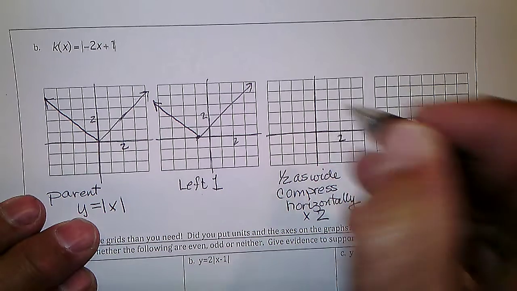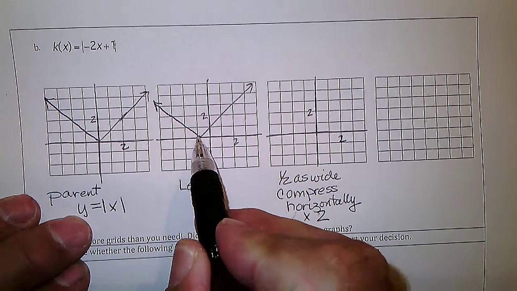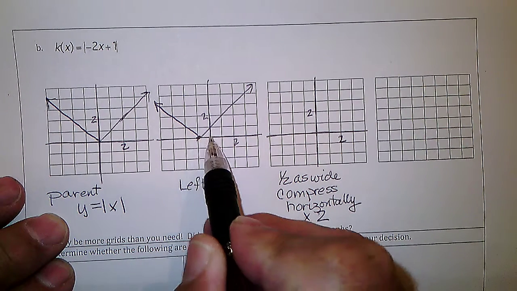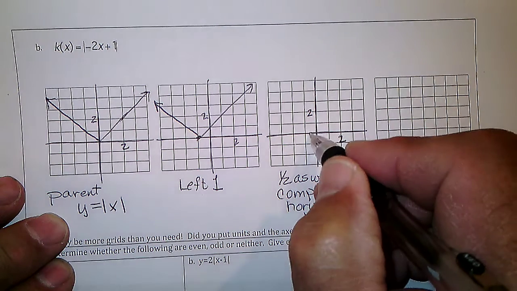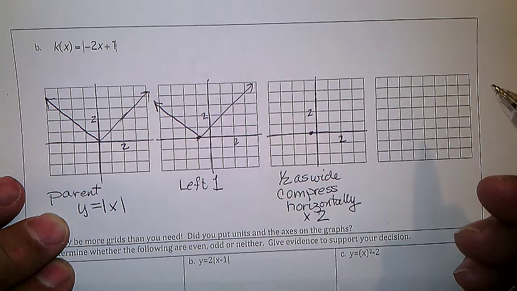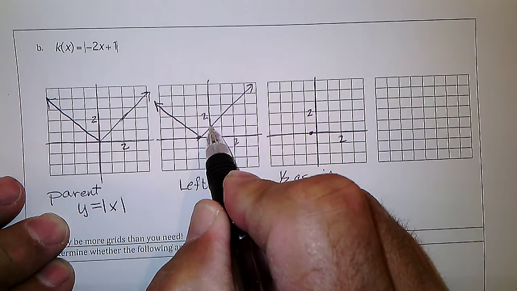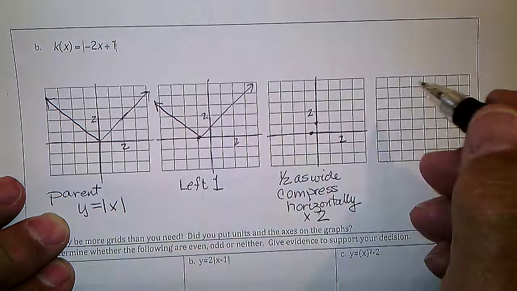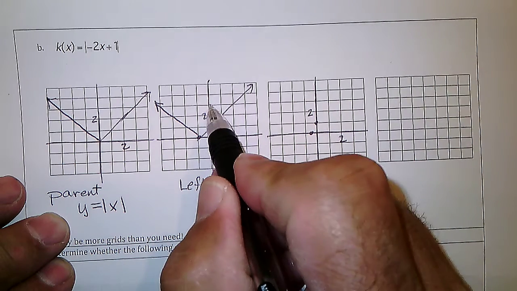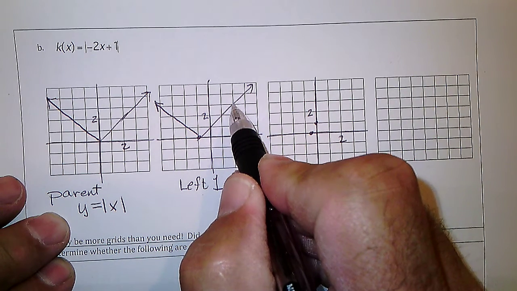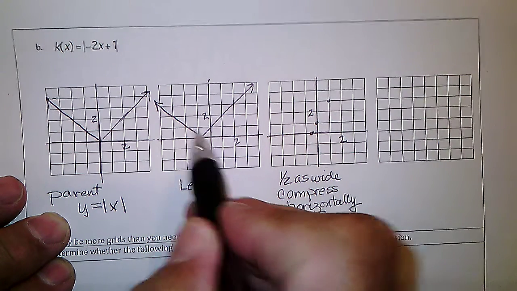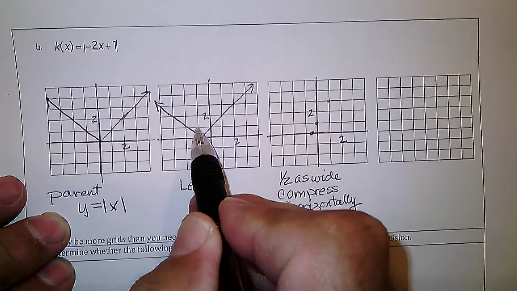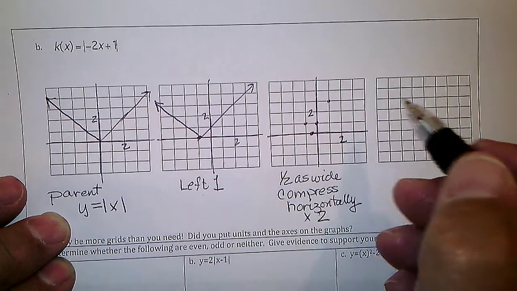So if this is 2 and this is 2, let's start at the vertex here. That's 1 away from the y-axis. If I go half as far, it's going to be at the half from the y-axis. This is on the y-axis, so it stays on the y-axis. This point is 2 away, so it's going to go to 1 away. And if I go to the other side, this point is 2 away, so it goes to 1 away.